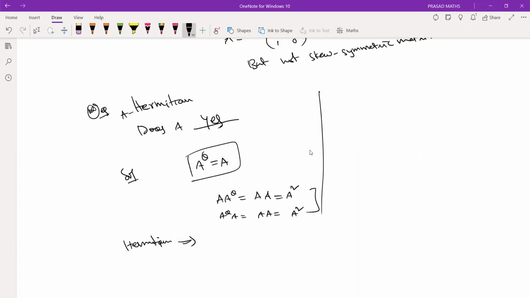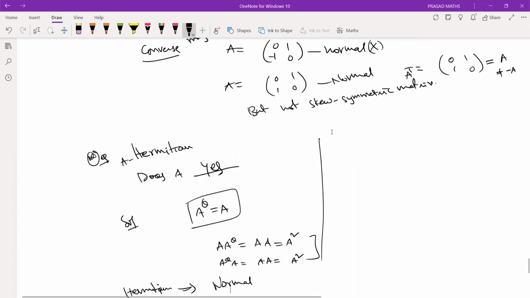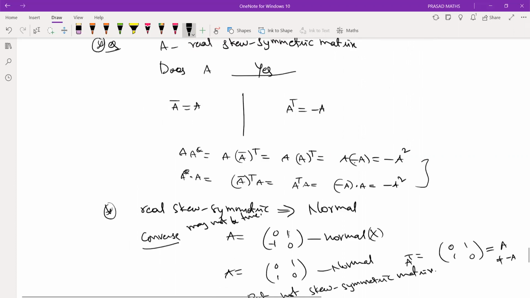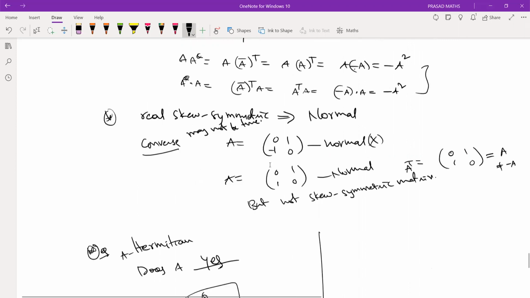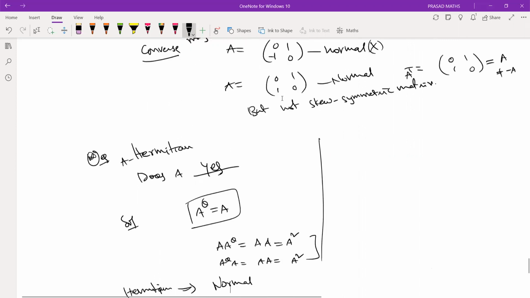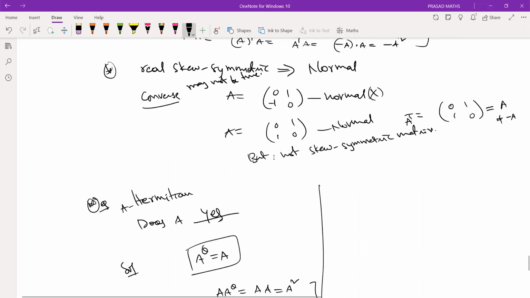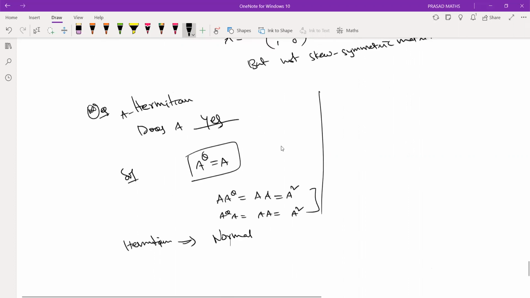What about the converse? Look at this. It is normal. Is it Hermitian? Take A equals 0, 1, minus 1, 0. Is it normal?